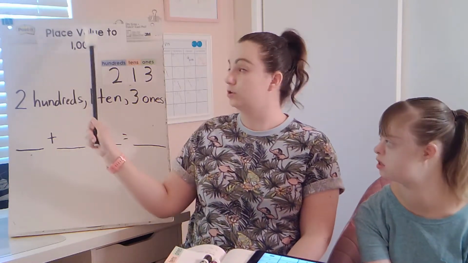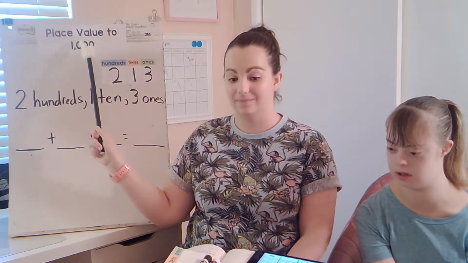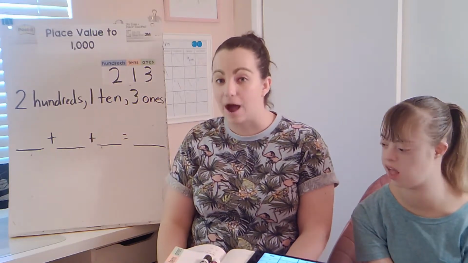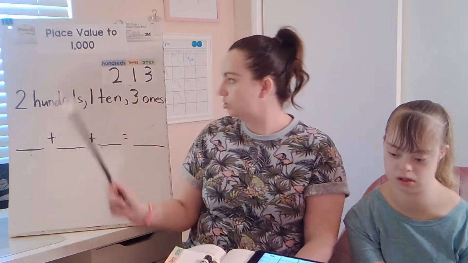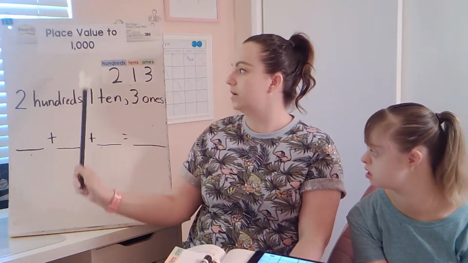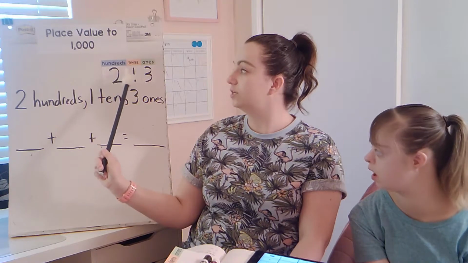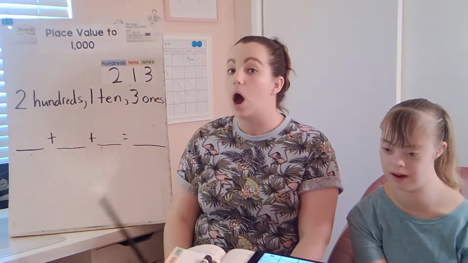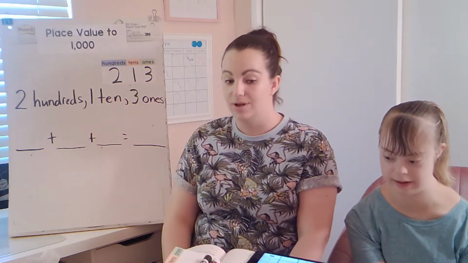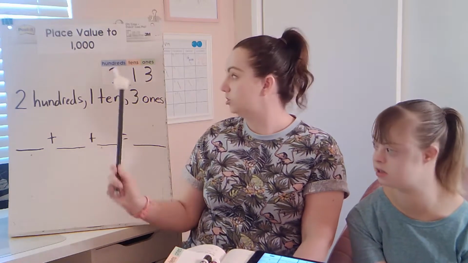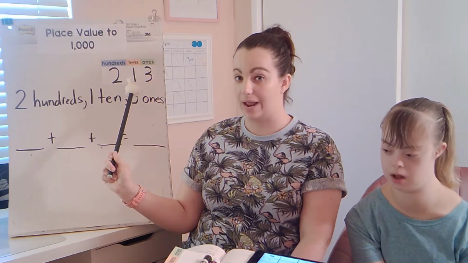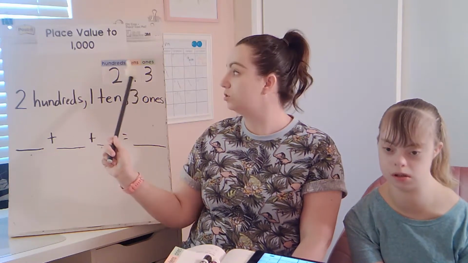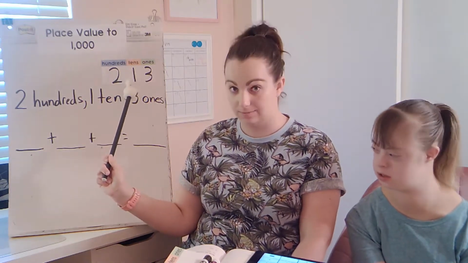Place value, what we're going to be talking about today, tells the value of a digit in a number. So you have a whole number right here, 213. With place value, you're able to look at just one of the digits and tell the value of that digit.